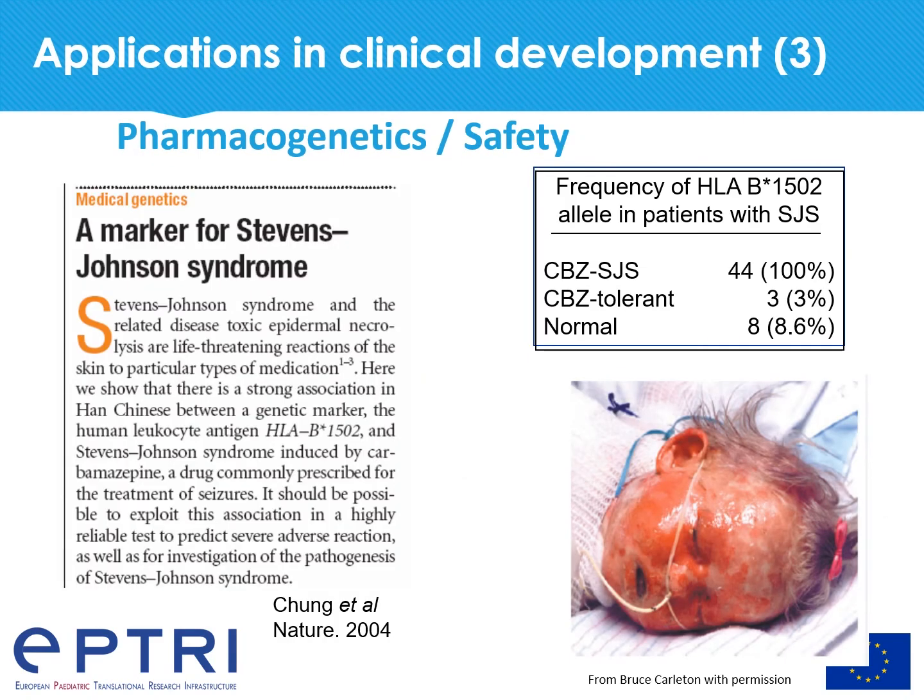Application of pharmacogenetic safety is also important. And as shown here, there is a very strong link between the human leukocyte antigen HLA-B*1502 and the occurrence of Stevens-Johnson syndrome induced by carbamazepine, showing that this pharmacogenetic marker is a high predictor of this disease.